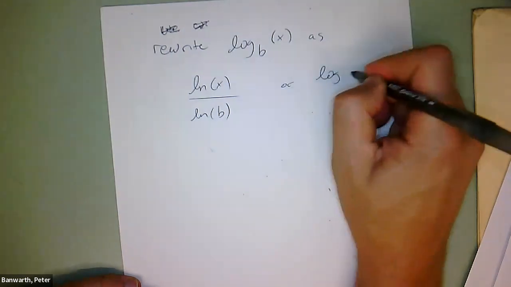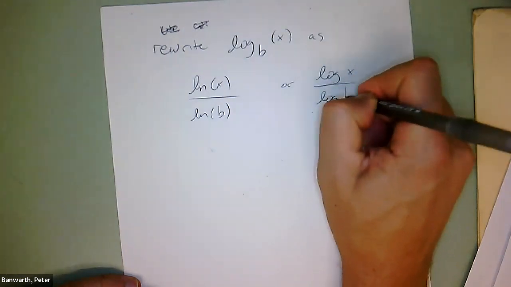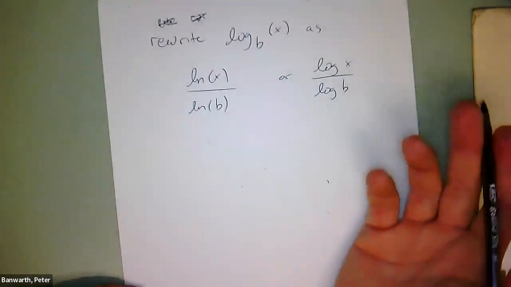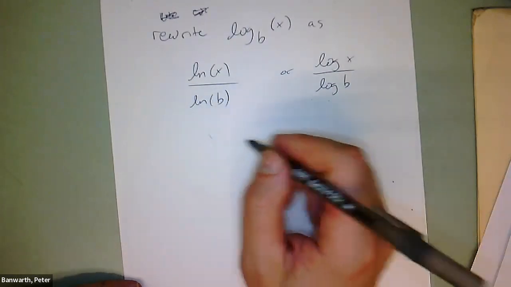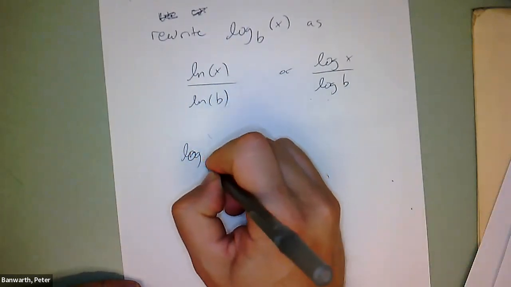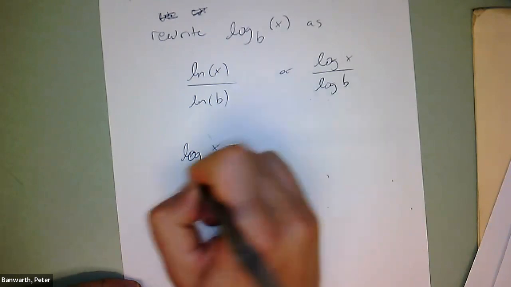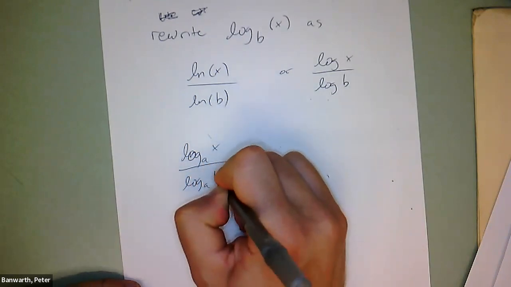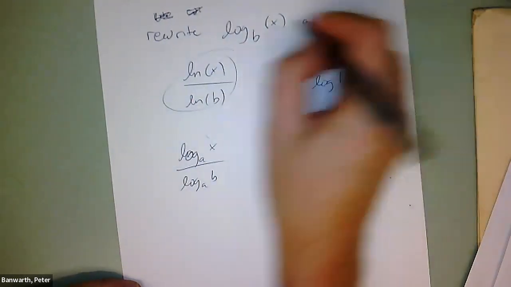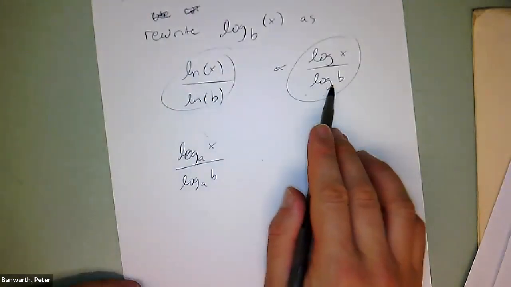Or you can write it as log base 10 of x over log base 10 of b. You can really write it as any log, log base a of x over log base a of b, but the useful ones are base e and base 10.